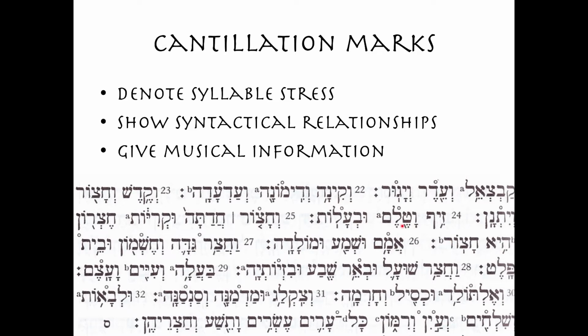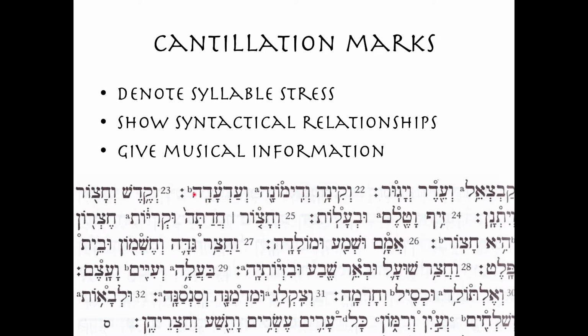Notice here, here, here. This is a cantillation mark. This one is. So these are additional marks that are not part of the vowels, and they show you where the stress is. So for here, v, ki, na would be the syllable that has the stress because that's where the cantillation mark is. The mo na is na, that's where the stress would be here.